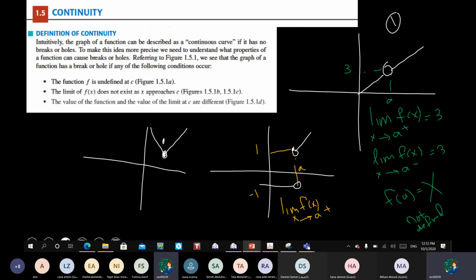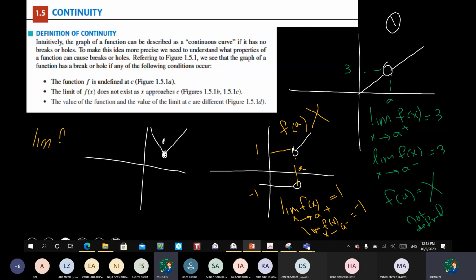From the right it is equal to 1. And limit f of x when x approaches a from the left is equal to negative 1. And what about f of a? Is it defined here? No.